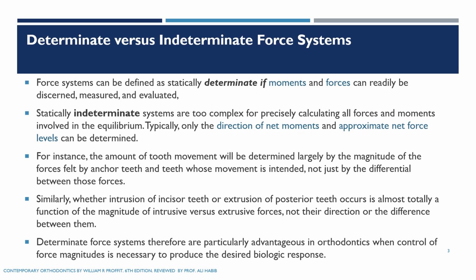If you can't, then it's called indeterminate. In the indeterminate system, we can only predict the direction of net movements and approximate net force levels, but not the exact force felt by, for example, the 2 units of the system.